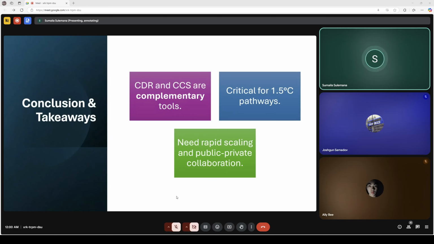I think it's very vital because some of these CDR technologies and CCS techs are kind of new and they are gaining momentum, rightfully so. But the more we have a joint effort, the better, and the more rapid way of scaling up things in order for us to reach our net zero goals in the coming years, hopefully by 2050, as the IPCC stipulated.